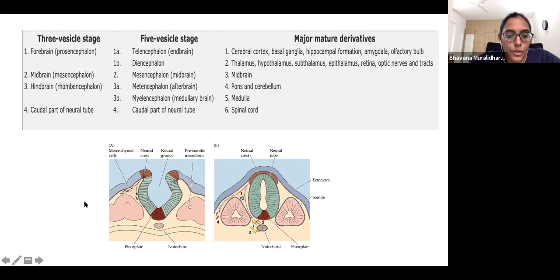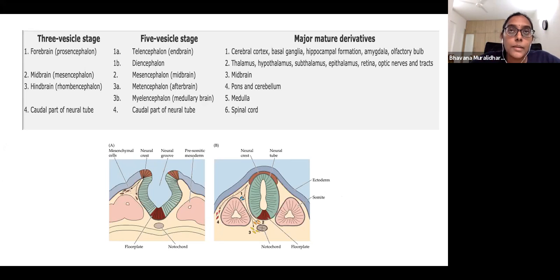Right. Okay. And now that we have had a brief overview of how this entire region patterns, what I've shown you till now is how this entire stretch tube forms and everything. But what patterns this tube?